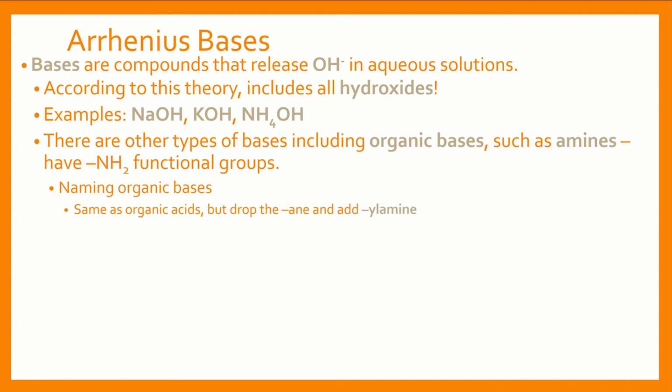Kind of the same idea as the organic acids, but instead of adding the oic acid, we're going to drop the entire A and E, so not just the E, and we're going to add ylamine. So for example, CH3 and H2, just one carbon, bonded to this NH2. One carbon means meth, so we call it methylamine.